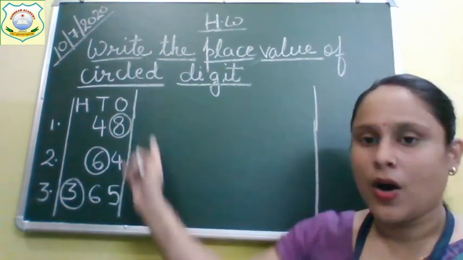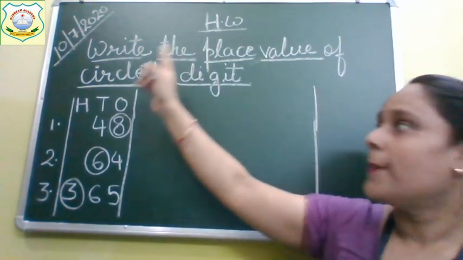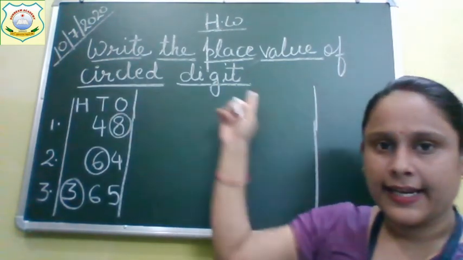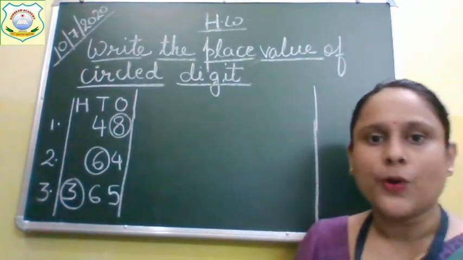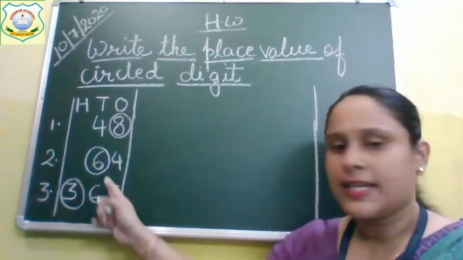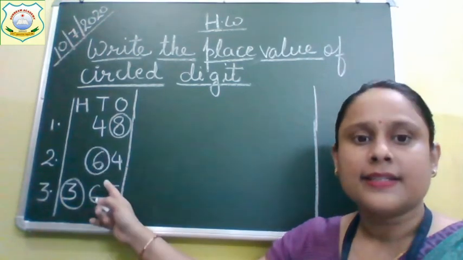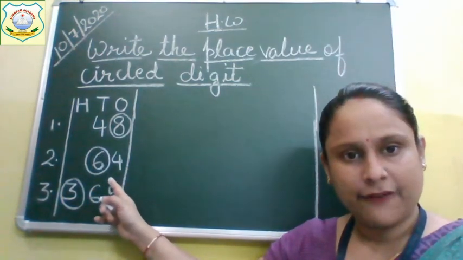First, children, you all note down this page. Okay? Write down homework on the top. Date. Give the heading. Write the place value of circle digit. After that, write down these three numbers. First number is 48. Second number is 64.